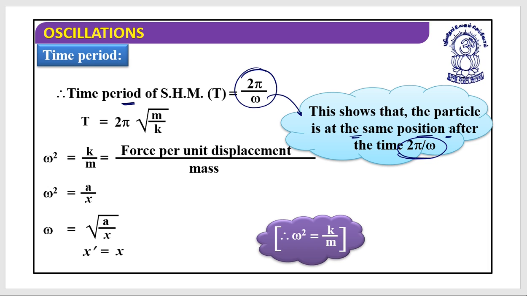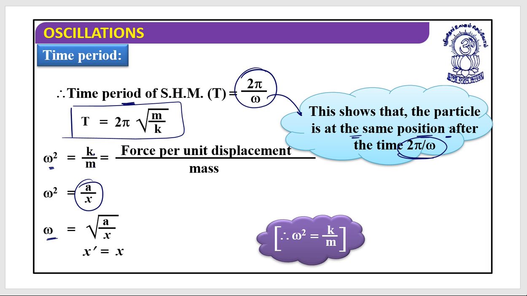Now let's take the case of the spring and block system. We know that the time period of the spring and block system is T = 2π√(m/k), where ω² = k/m, and k is the force per unit displacement and m is the mass. So you can write ω² = a/x as well.